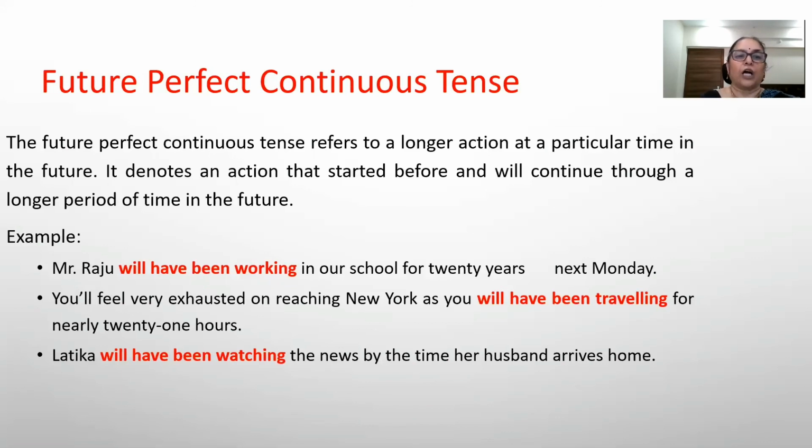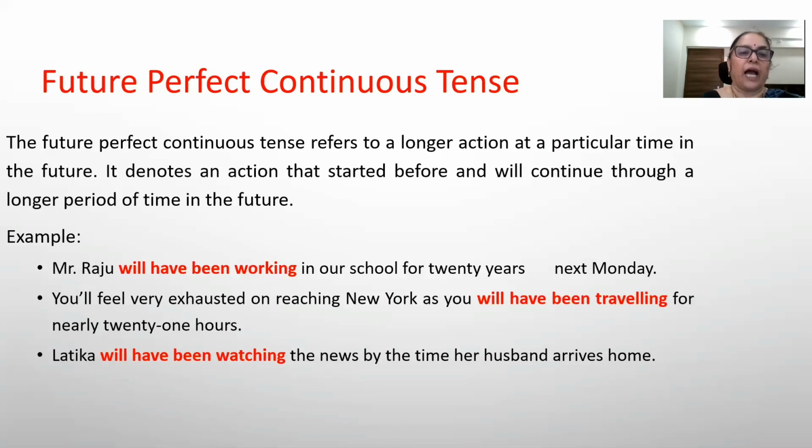Okay, now Raju will have been working in our school for 20 years next Monday. Ravi will have been working in the school for 20 years. Okay, by next Monday, he will be completing 20 years. Okay, some typing mistake is there, excuse me.